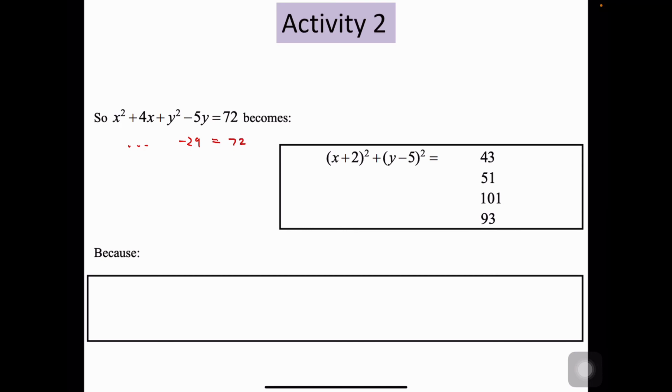If you add 29 to both sides, you will get 72 plus 29, which is 101.